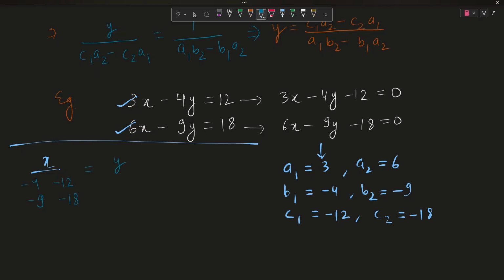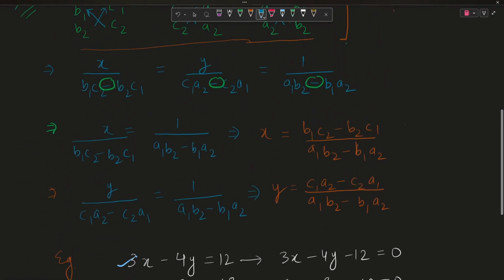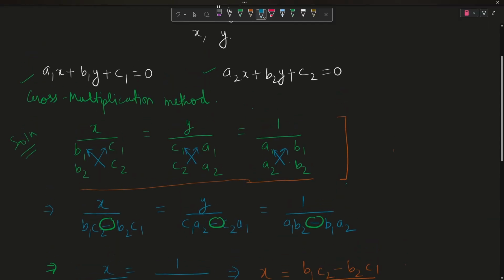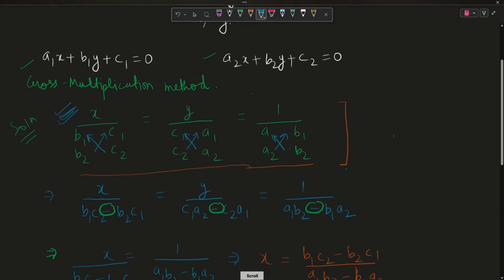For y, we can write minus 12 minus 18 and 3 6, and it is 1 upon 3 6, minus 4 minus 9. I have written this in the form represented here, right?